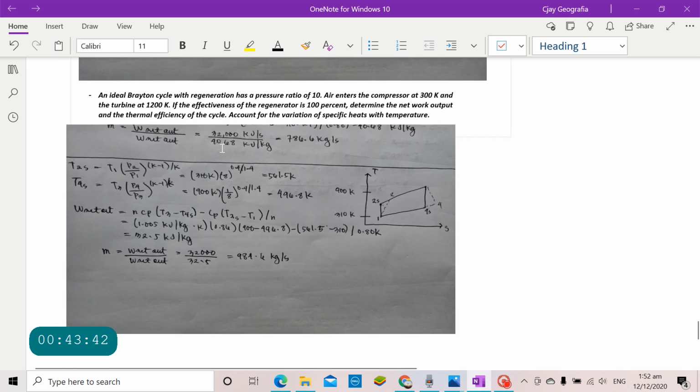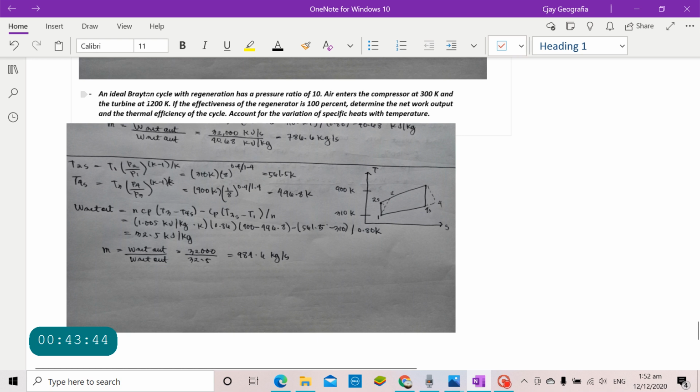So the last question: an ideal Brayton cycle with regeneration has a pressure ratio of 10. Air enters the compressor at 300 K and the turbine at 1200 K. If the effectiveness of the regenerator is 100%, determine the net work output and the thermal efficiency of the cycle.